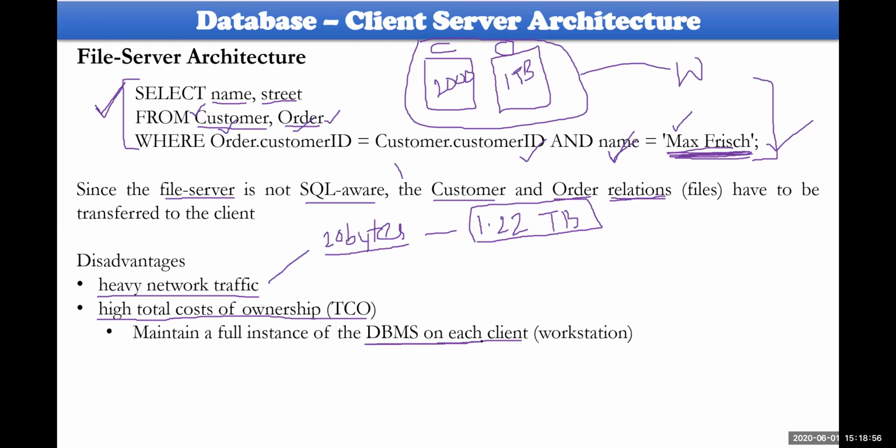Every workstation must be maintained because, instead of getting the data, the file server sends complete files or complete relations to you, so you need to implement extra logic to get the actual data which is required by you.